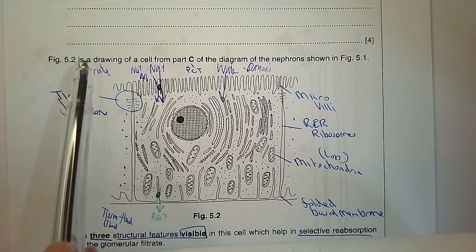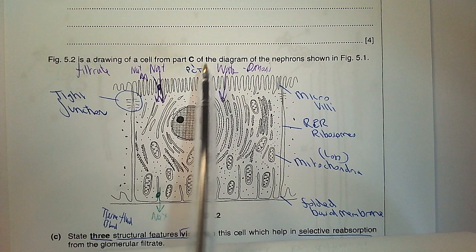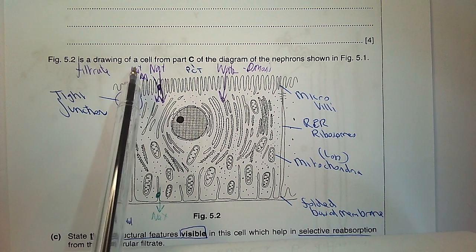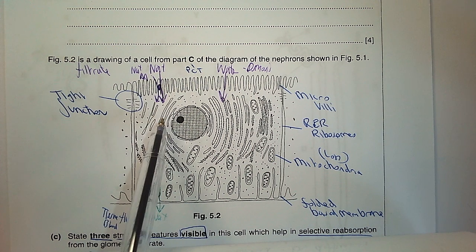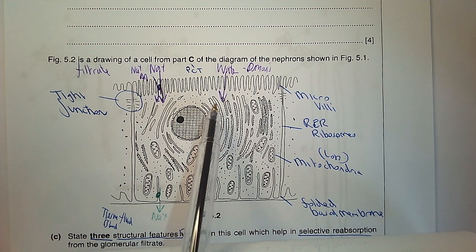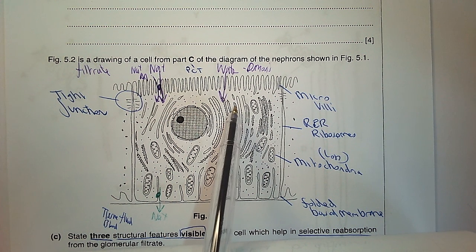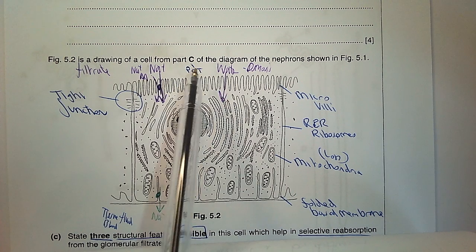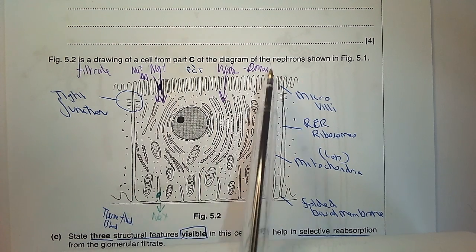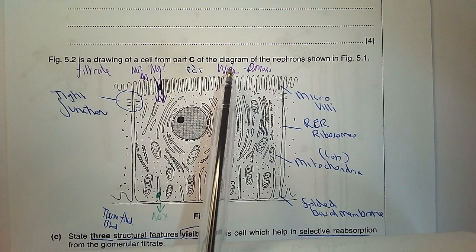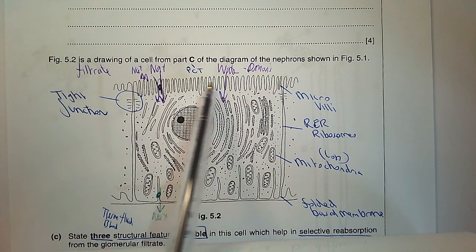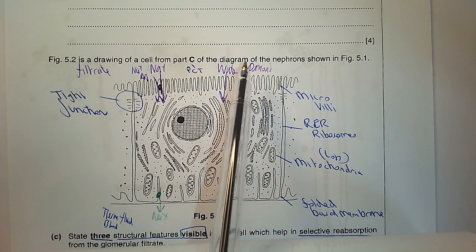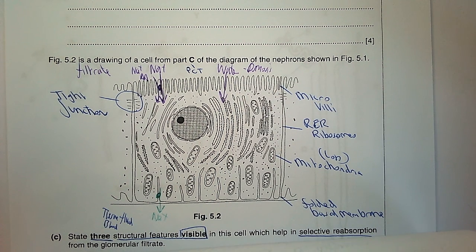So as the filtrate is passing along and past these brush border cells, amino acids are being reabsorbed, glucose is being reabsorbed, sodium ions are being reabsorbed, water is being reabsorbed, 50% of the urea is being reabsorbed. The volume of the filtrate massively decreases because a large percent, about 80% of the water is reabsorbed, but the concentration of urea in the filtrate actually increases because only about 50% of the urea diffuses back into the blood.